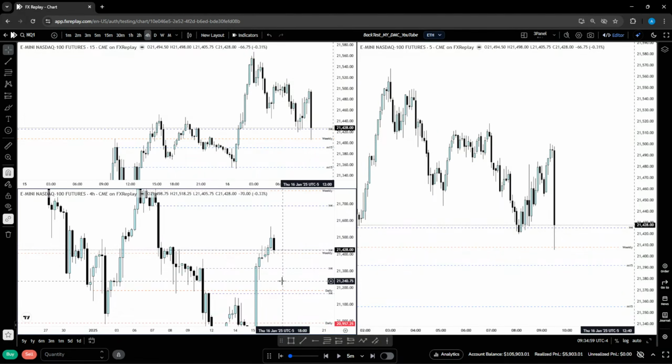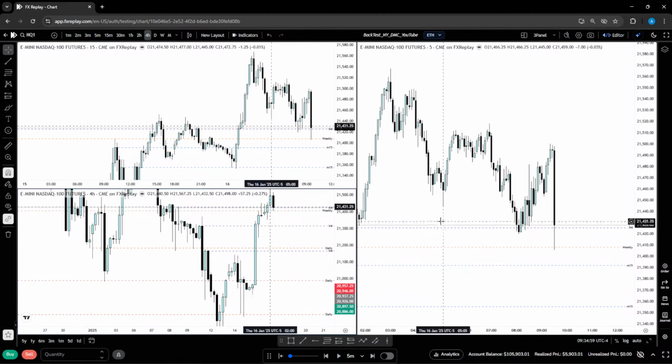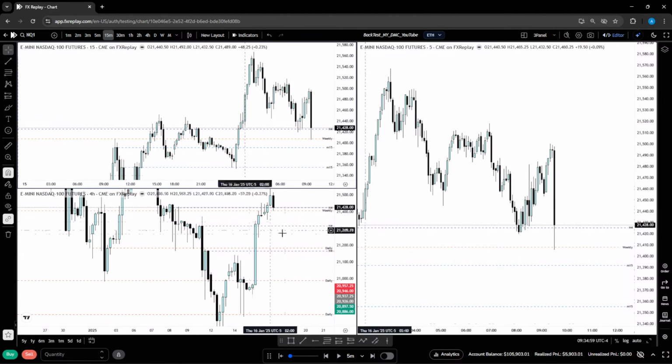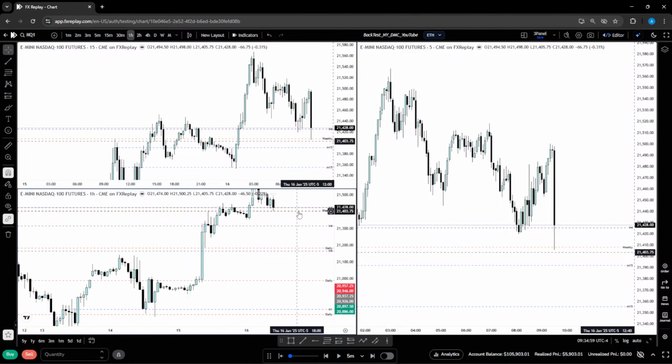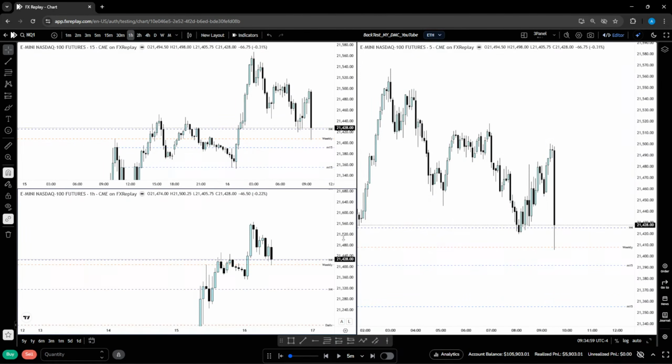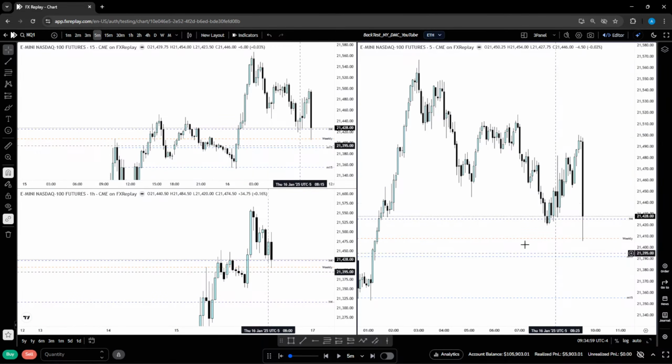There's also a chance that we just want to come back down to here somewhere. So we're probably going to get stopped out a couple of times if that's the case. Now we got to this weekly level.